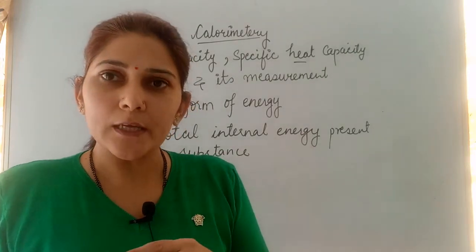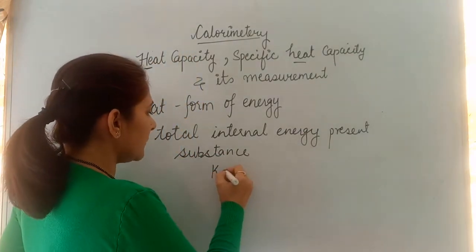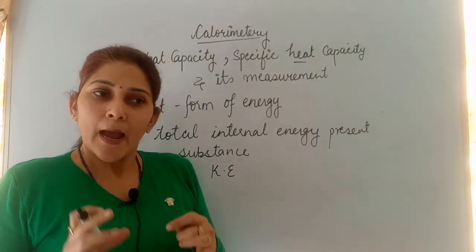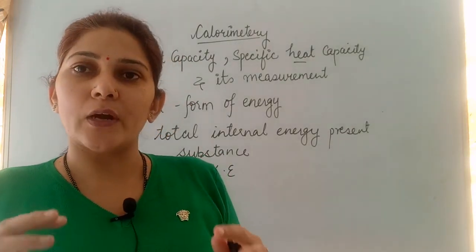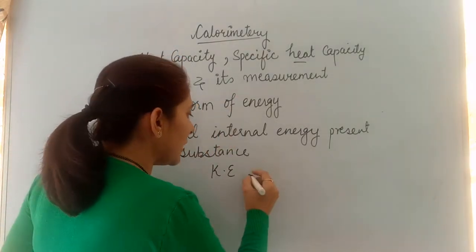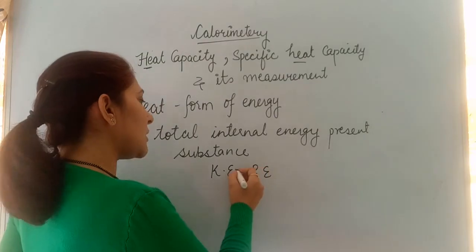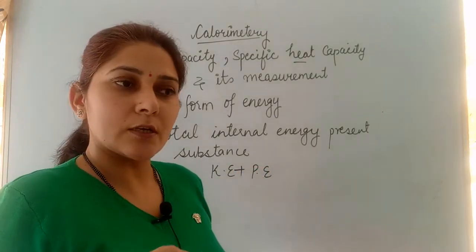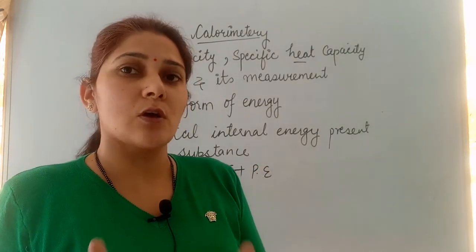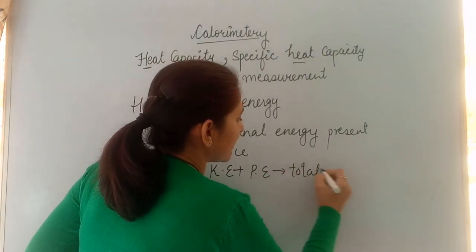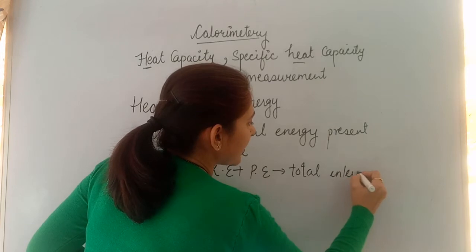So all the molecules possess kinetic energy, and all the molecules attract each other, and there is an intermolecular force of attraction between them. So all the molecules possess potential energy. The sum of this total kinetic energy and potential energy possessed by all the molecules of the substance makes its total internal energy for a particular substance.